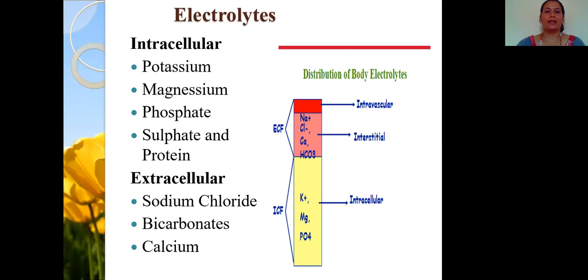We can see here the distribution of body electrolytes. Intracellular are potassium, magnesium, phosphate, sulfate, and protein, and extracellular are sodium, chloride, bicarbonate, and calcium. And the major intracellular cation is potassium, and the major extracellular cation is sodium.